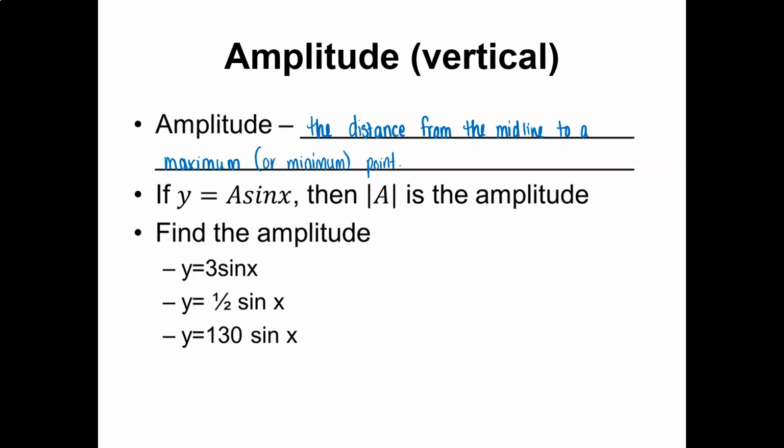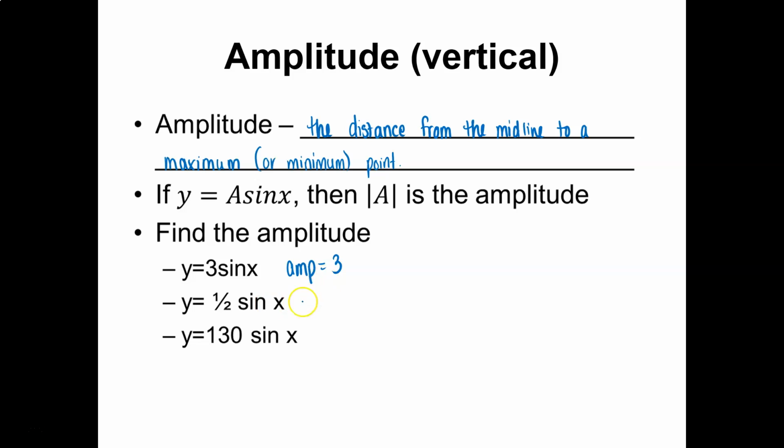So amplitude is one of the easiest things to find whenever you're dealing with trig functions. If you have y equals a times sine x, then the absolute value of a is the amplitude of the graph. Okay? So, like for this first example here, my amplitude would just be 3.